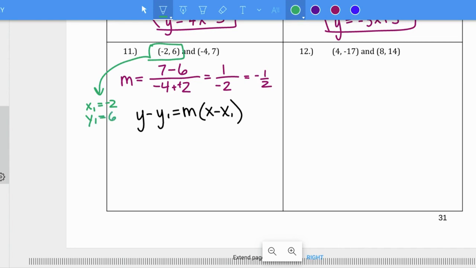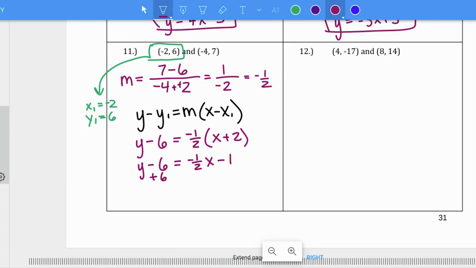Y1 is 6. So y minus 6 equals -1/2 x minus a -2 turns into +2. Distribute. -1/2 x. -1/2 times 2 will make a -1. And then add your 6 over. There's that one.